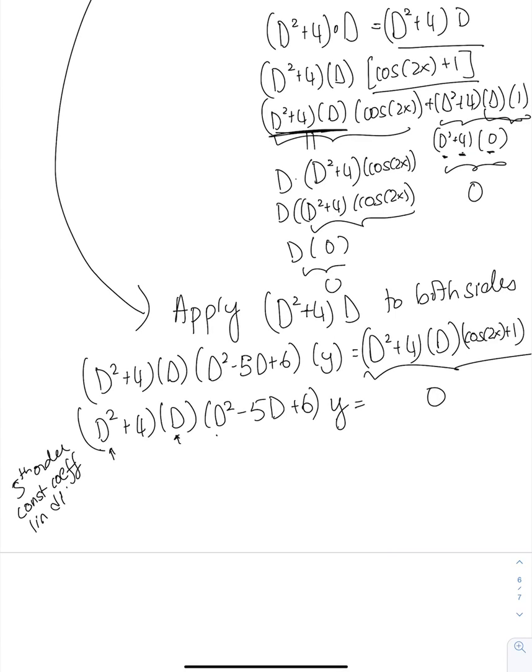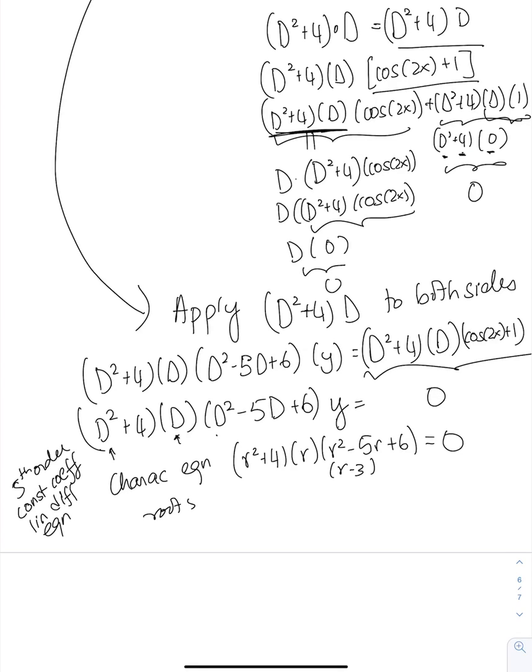What's the characteristic equation or auxiliary equation, whatever you want to say? R squared plus 4 times R squared minus 5R plus 6 equals 0. So what are the roots? This is R minus 2 times R minus 3, this is R, and this is R squared plus 4.